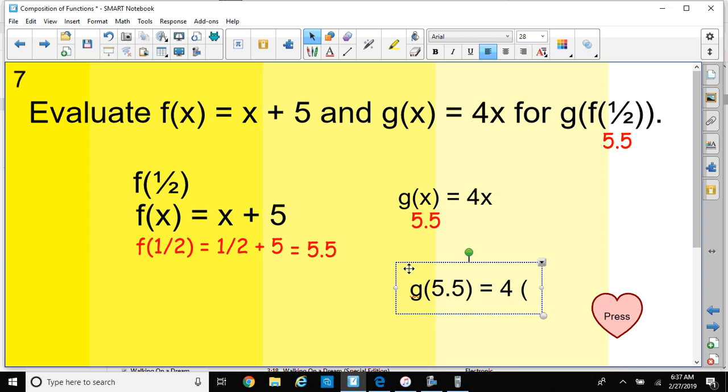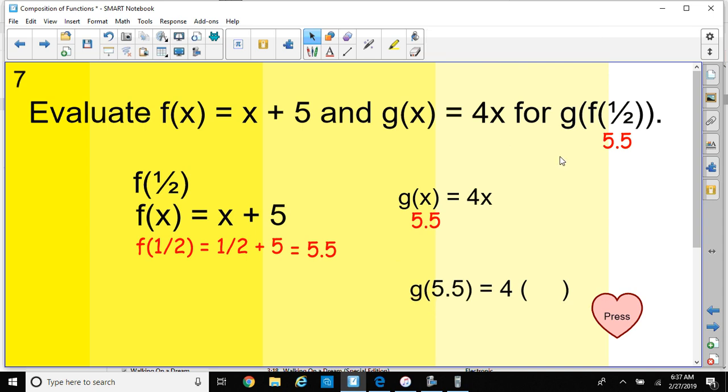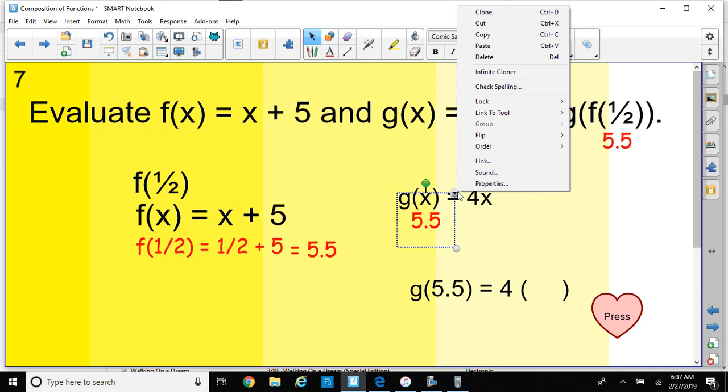Instead of writing x, we're going to replace that with what we now know the x's value is, which is 5.5 that we got from the f of 1/2. So let's substitute that. Let's clone it one more time and put it in there.